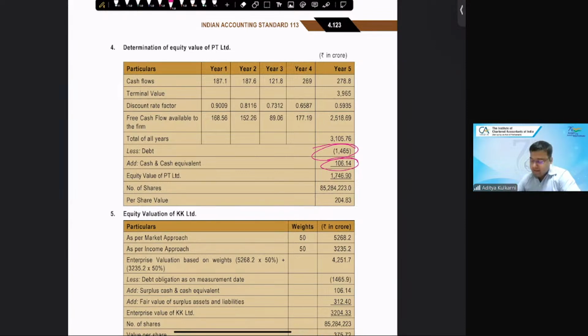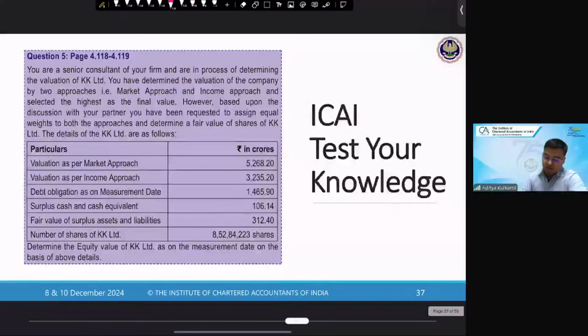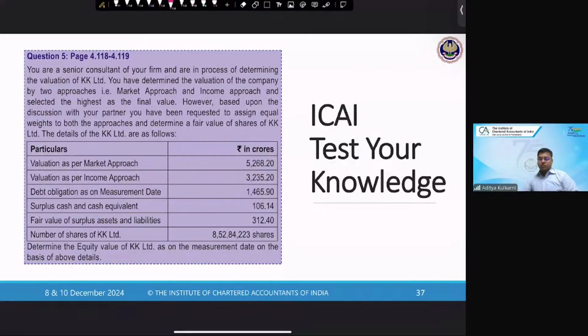So what have we done? We have taken the net debt and reduced that. It's basically the same. Okay? Yes, sir. So you get the same values. That takes care of question number 4.